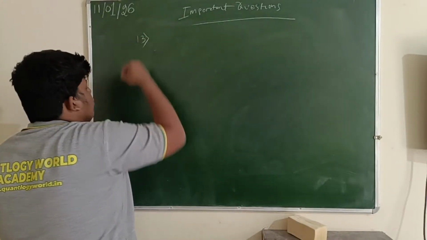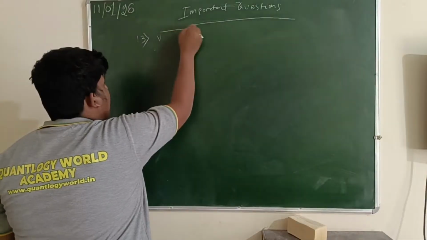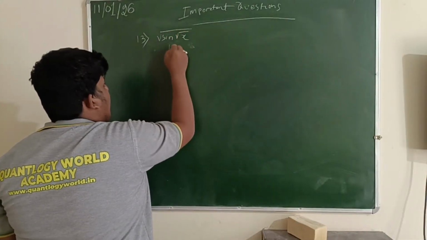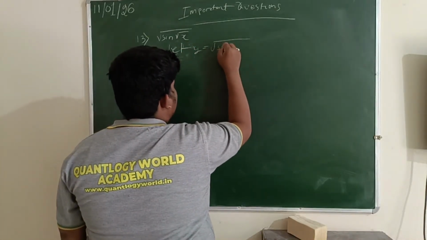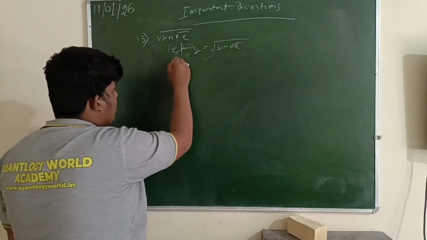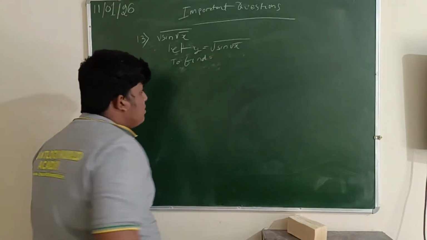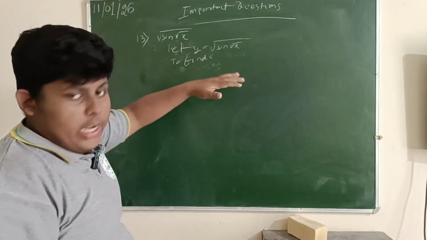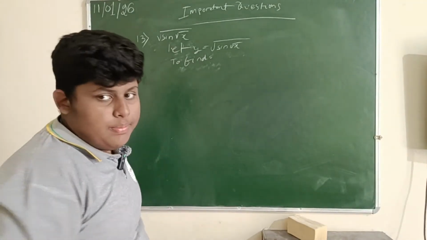This is our 13th question, I guess. Root over of sine root x. Let y equals root over of sine root x. This question carries 2 marks only. This is a simple question. These are the basic steps we have to write: let y equal the function and find dy by dx.